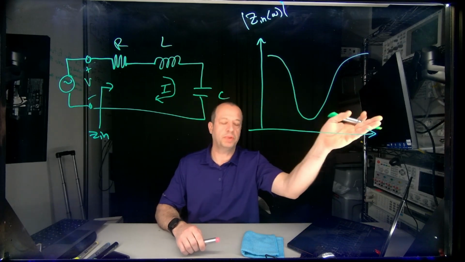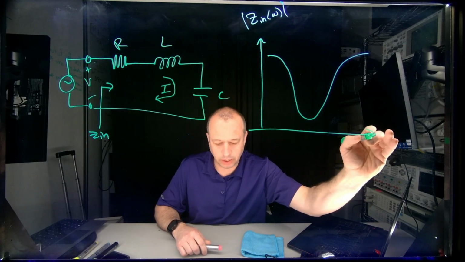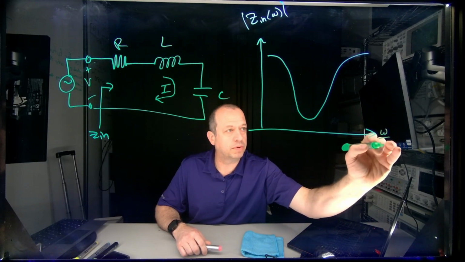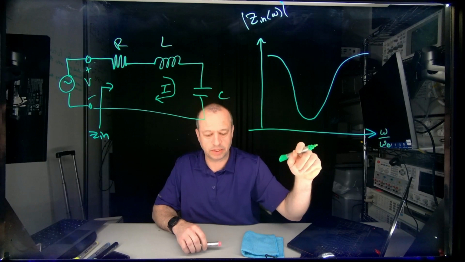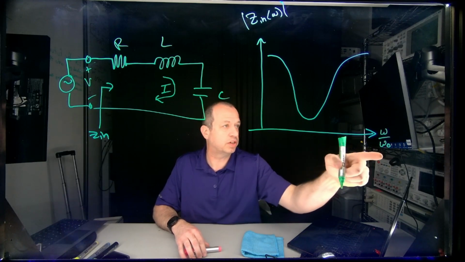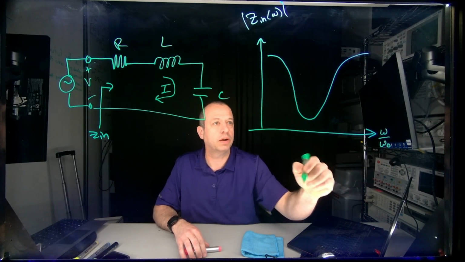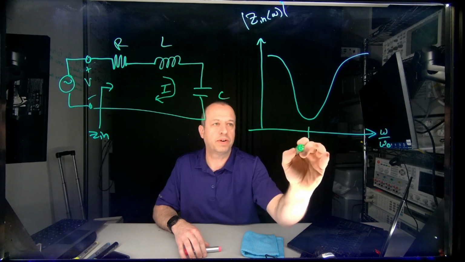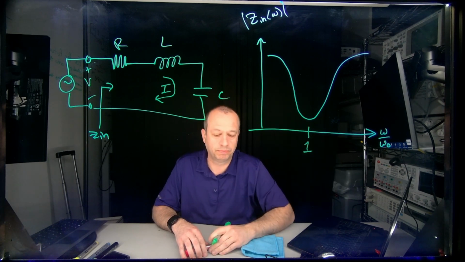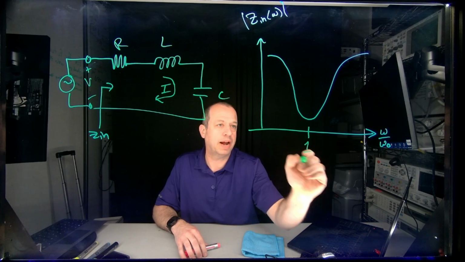Say we're sweeping through omega over omega naught, so we want to normalize this to some type of normalization. That's why the omega naught's there. And so this way we get our center frequency as 1. Okay, this is why we normalize.